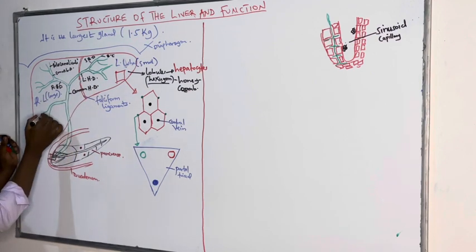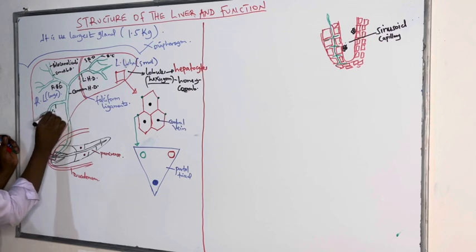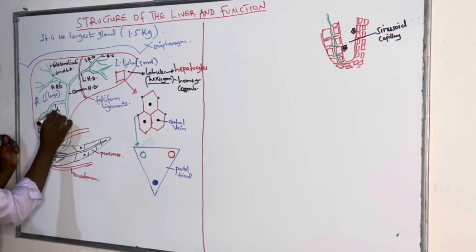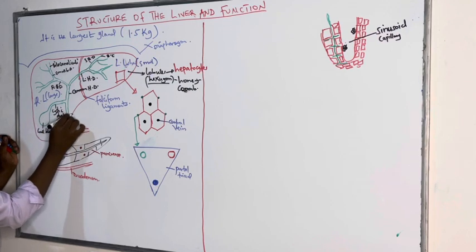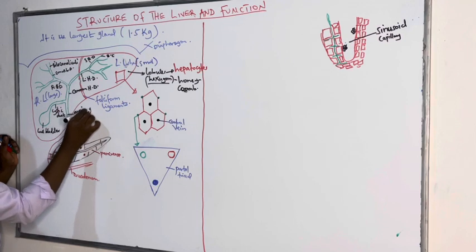The common hepatic duct can lead into the gallbladder, which has the cystic duct, which drains into the common bile duct.